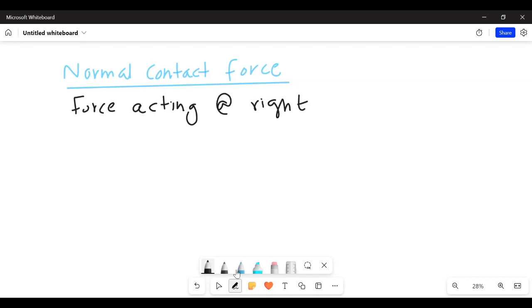I'm just making up a definition, so it might not be that accurate, but I hope it makes sense. A force acting at a right angle opposite to the weight.